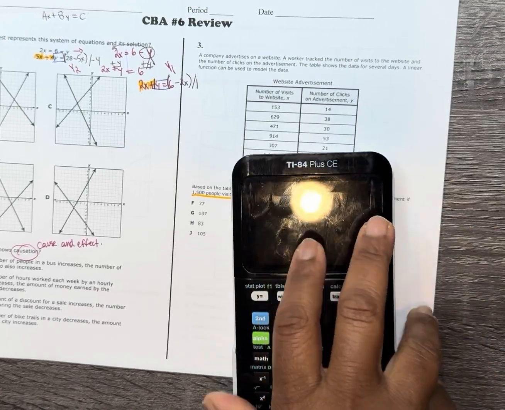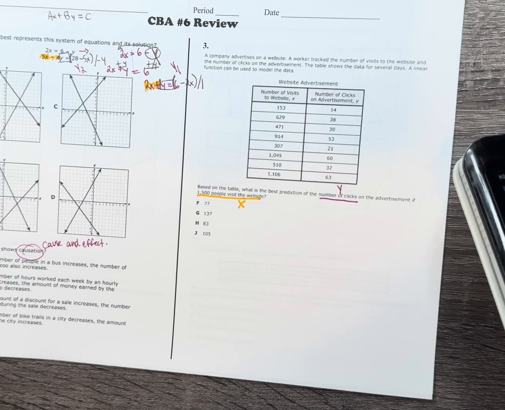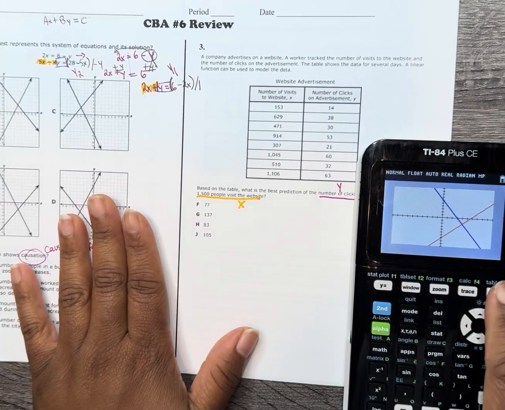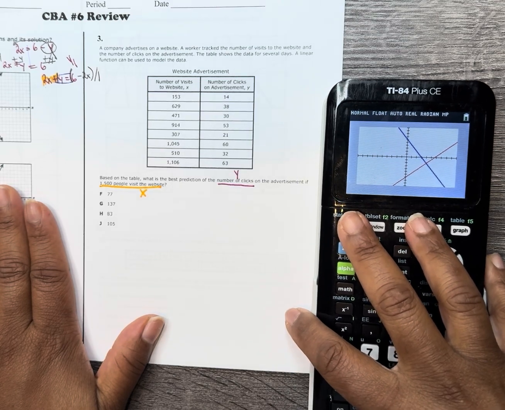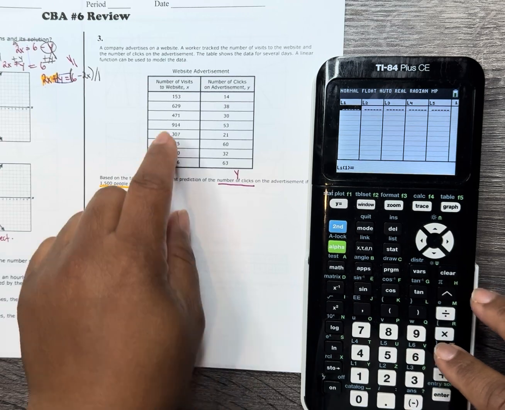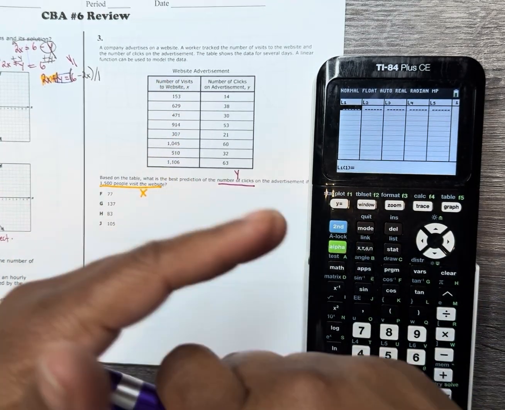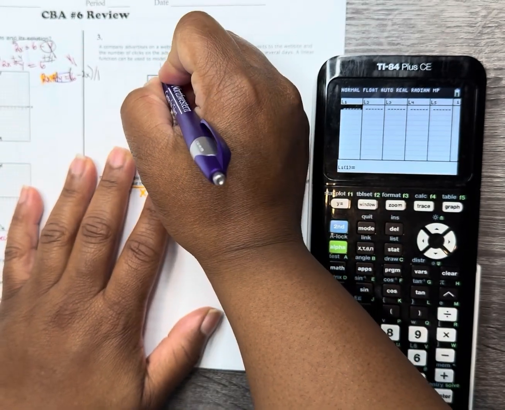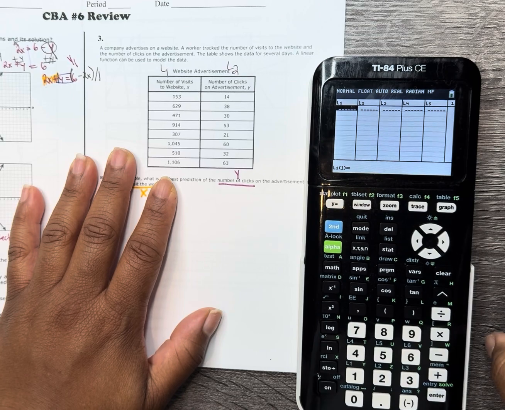So let's take our calculator, and we want to go to stat, enter, and we're going to put this left side into our L1. So maybe go ahead and make yourself a note. This is going into L1. This is going into L2.